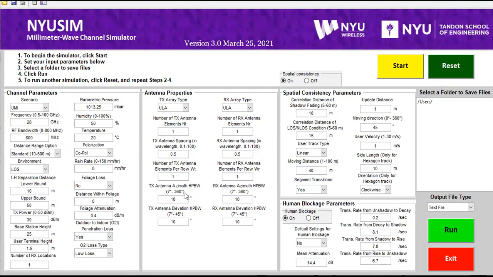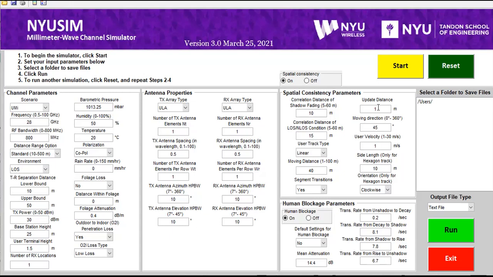Okay, then spatial consistency. When we use it, then the correlation distance. Update distance, I think update distance is the segment size.